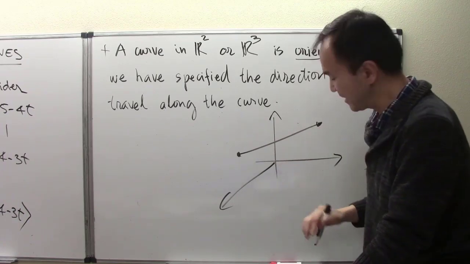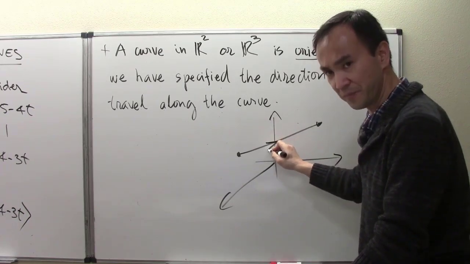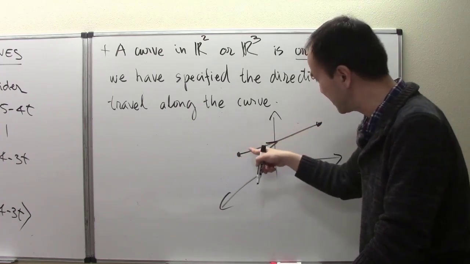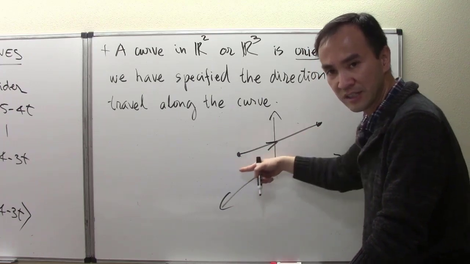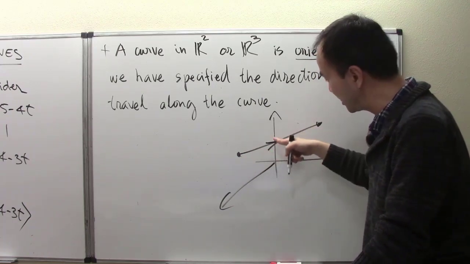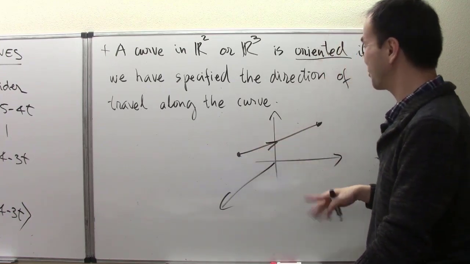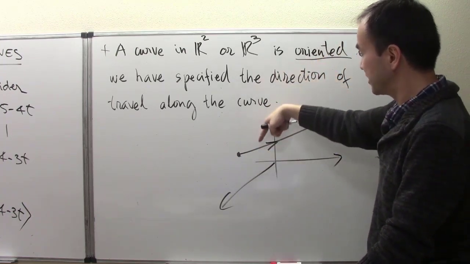But now we're going this way, that's one orientation. That means we have just now oriented. We specify a direction. If a particle travels along this path right here, we have specified a direction, where it's going from where to where. That's what it means by the curve is oriented.